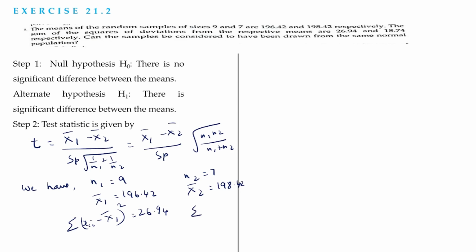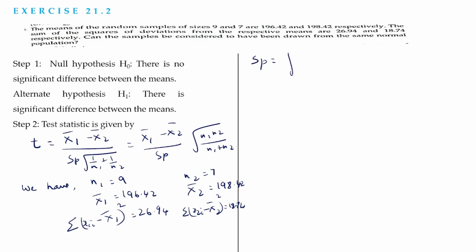Then summation (x2i minus x2 bar) the whole square is equal to 18.74. So all these values are given. Now let us find sp.